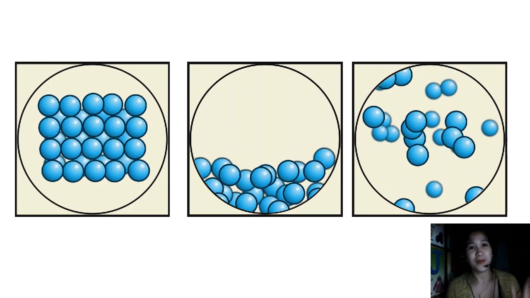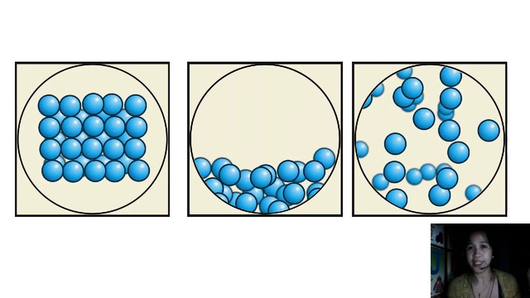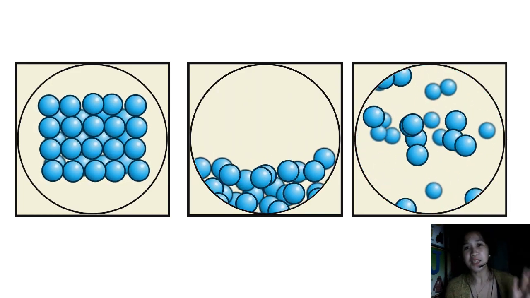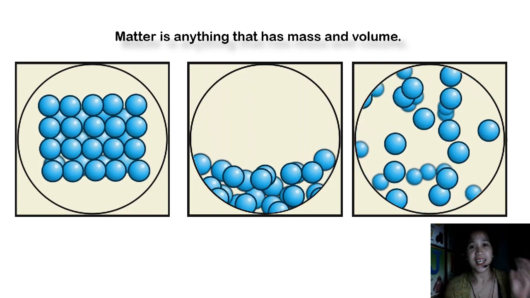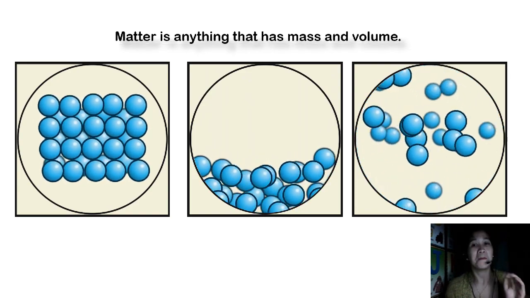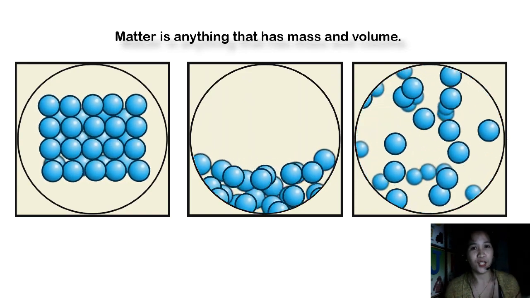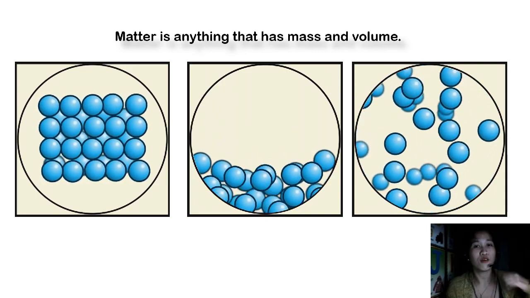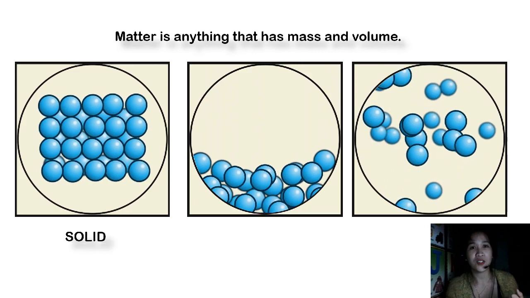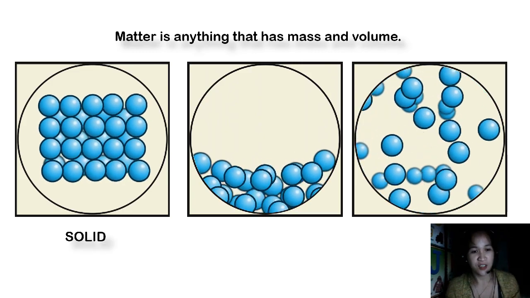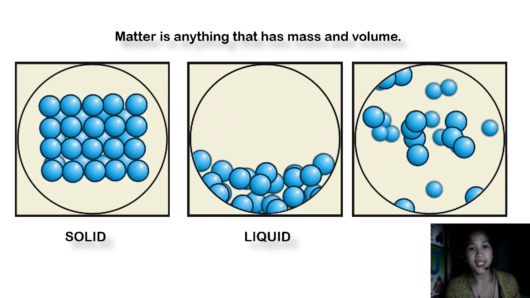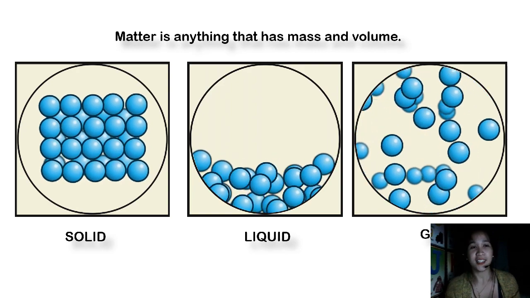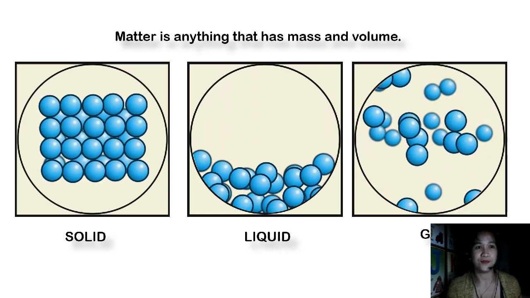So far, based on our activities earlier, you learned that matter is anything that has mass and volume. And you now have a better picture of how the particles are arranged in the three states of matter. We have solid, liquid, and gas.